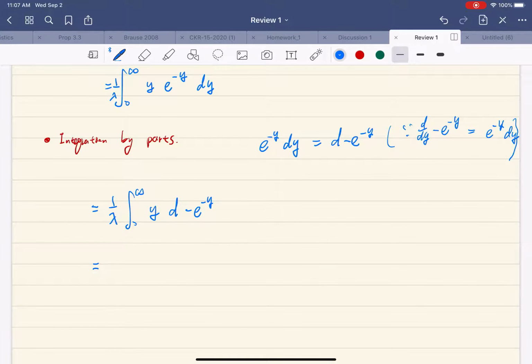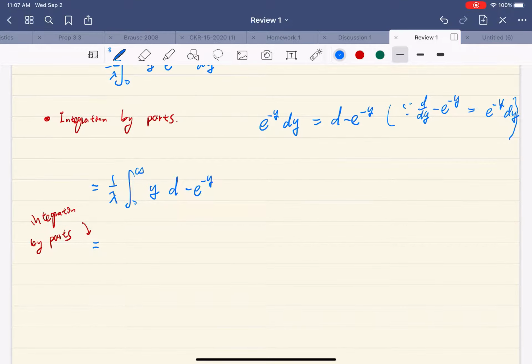Okay. And from the integration by parts we can get negative y e to the negative y evaluated from 0 to infinity, minus the integral from 0 to infinity of negative e to the negative y dy.